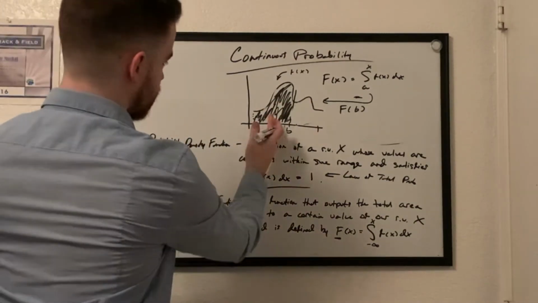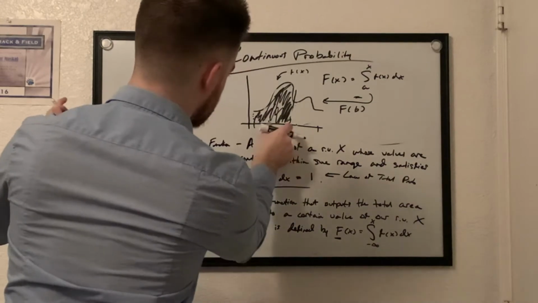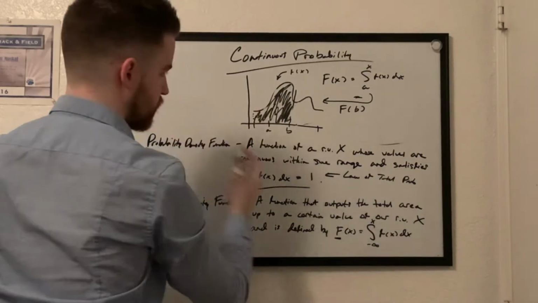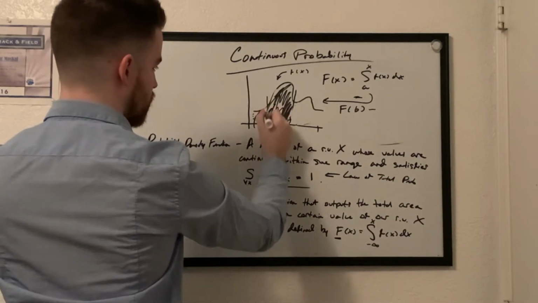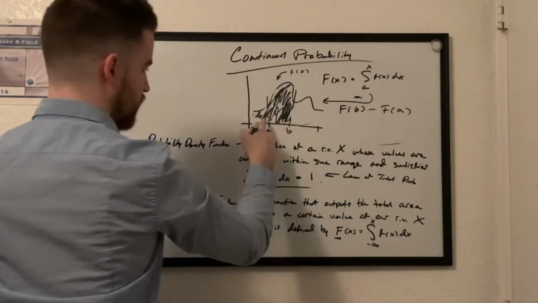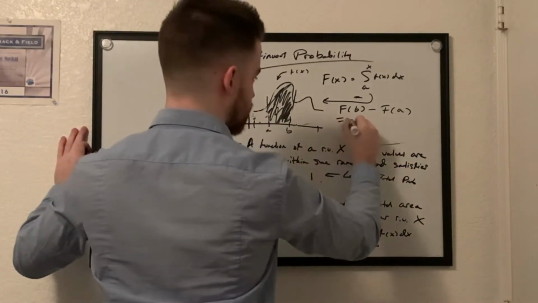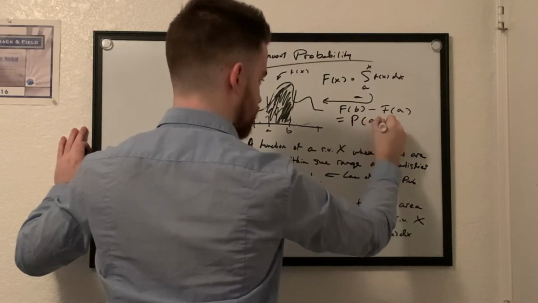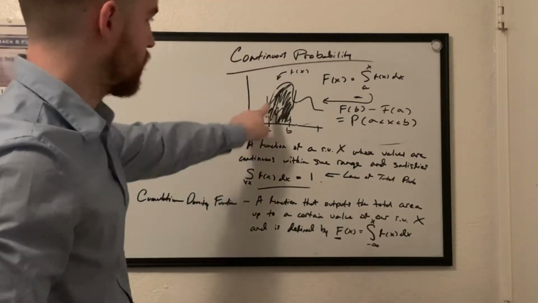So I still have this part left over. So if I want to get the area that's just between here, let me subtract this leftover part. What is this leftover part right here? Well, it's just f of a. That's the total area accumulated up to point A. So this will give us the probability that x is between A and B.